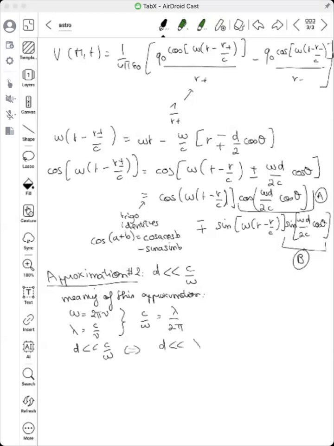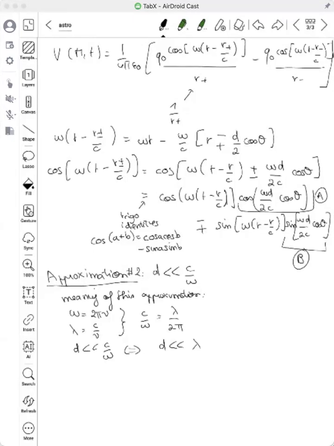That d is much smaller than lambda. For the moment, the lambda here is only some formal lambda that is related to the pulsation of the dipole. But what we will see later, and you can already guess this, is that this dipole is going to emit a wave with a wavelength lambda. The pulsation at which my dipole is vibrating is actually going to be the pulsation of the electromagnetic wave it emits. We haven't proven it, but we can already guess this.